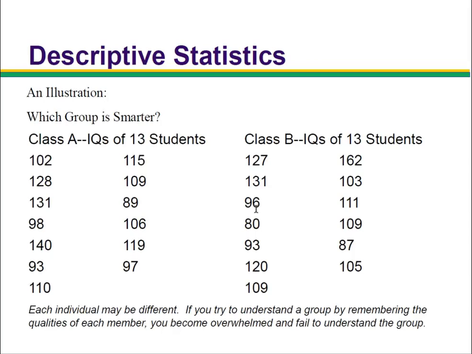So this is the fundamental problem descriptive statistics tries to solve. Each individual might be different. If you try to understand a group by remembering the qualities of each member, you will probably fail to understand the group as a whole, and that's where descriptive statistics comes in.